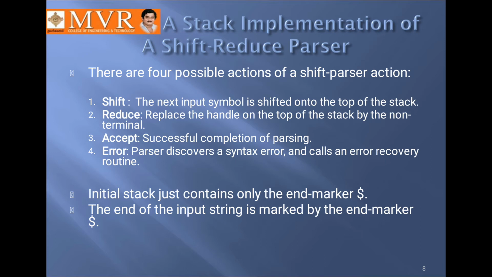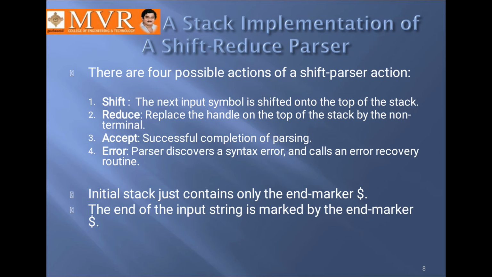In shift, the next input symbol is shifted onto the top of the stack. In reduce, replace the handle on the top of the stack by the non-terminal. In accept, the parser successfully completes. In error, the parser discovers a syntax error and calls an error recovery routine.